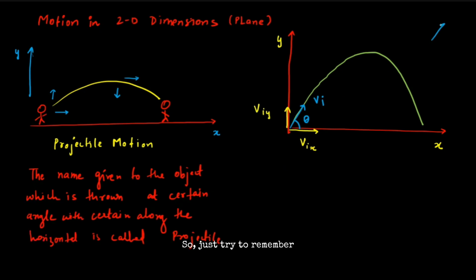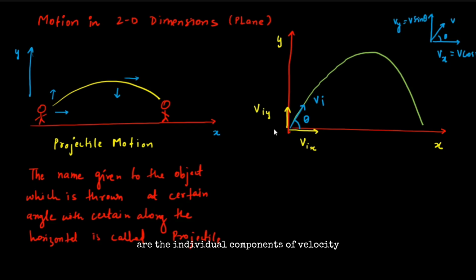Let me give you a little idea about this. Just try to remember, if this is V and we have to find Vx and Vy, then Vx is nothing but V cos theta. Similarly, Vy is nothing but V sin theta. Remember? So this Vy and Vx are the individual components of velocity which will carry the motion in the x and y axes respectively.